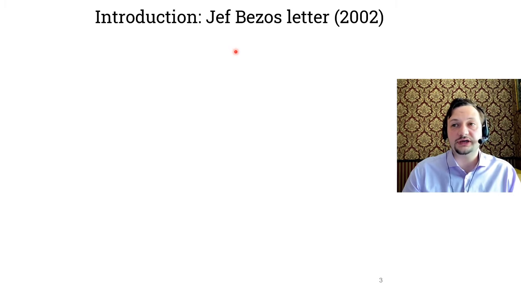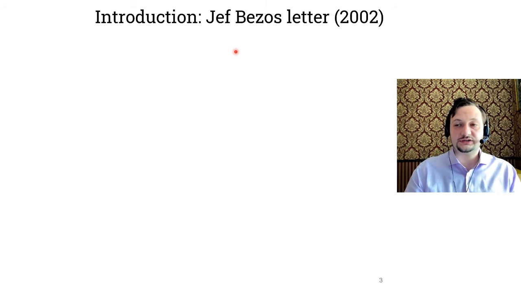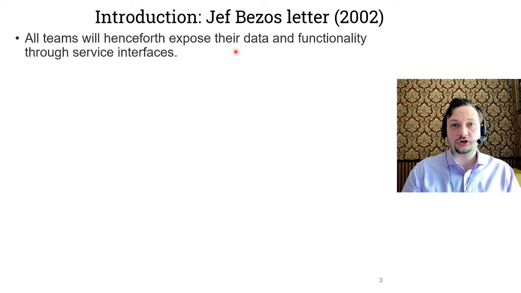So he wrote this letter to the developers and the managers of the development teams in his Amazon web shop. First, all teams henceforth expose their data and functionality through service interfaces.